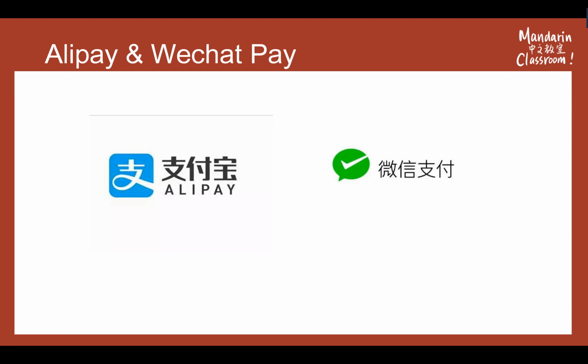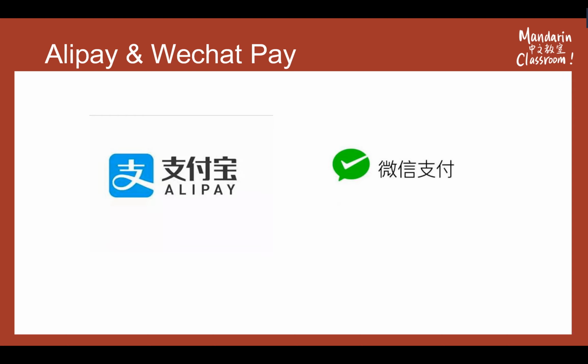WeChat Pay has more and more functions now, but compared to Alipay it still needs more functions.